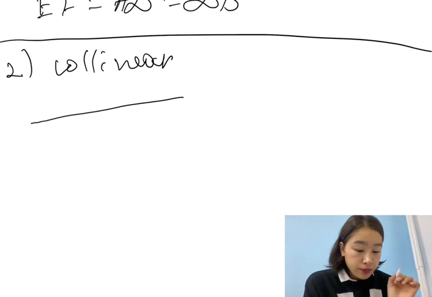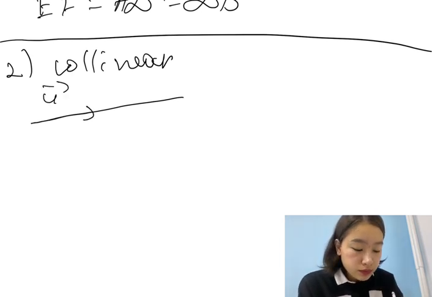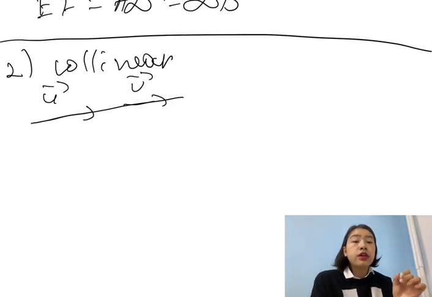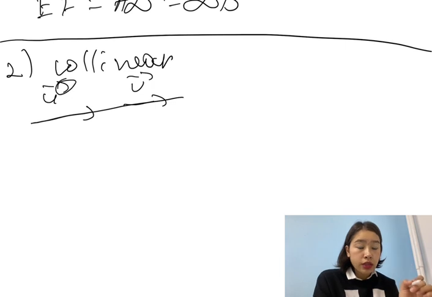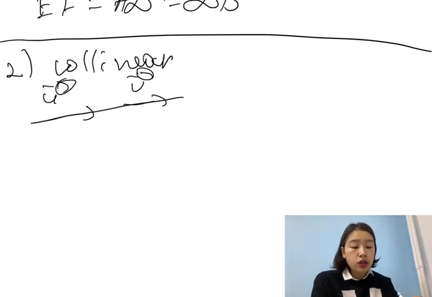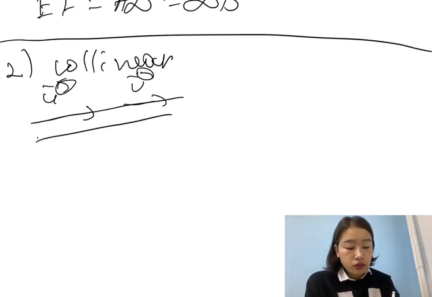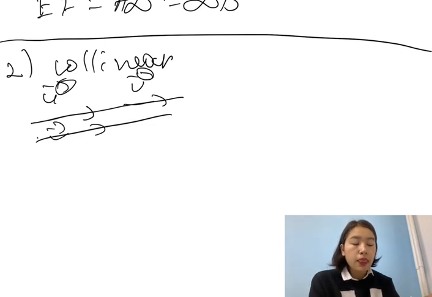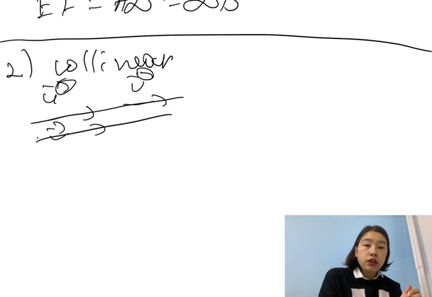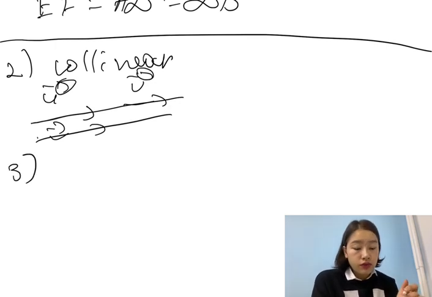We have a line here and two vectors here, like the u vector and the v vector. They are collinear because they lie on the same line and have the same direction, and they are parallel. For example, this one here, maybe again the v. And the non-collinear will be just the opposite of this definition.